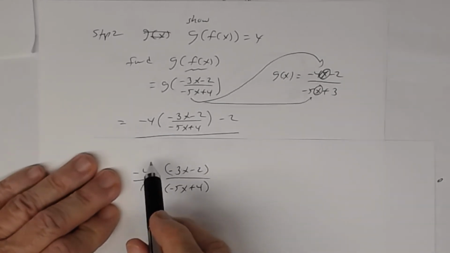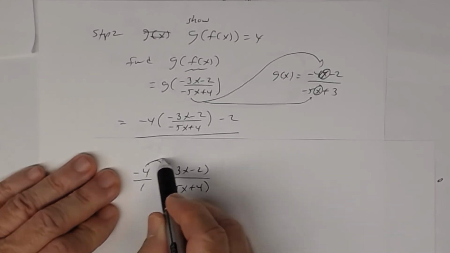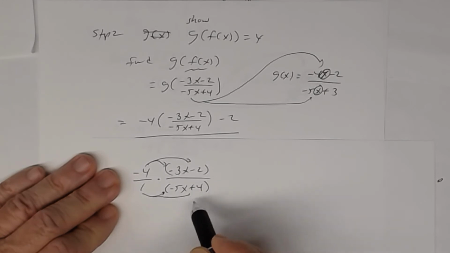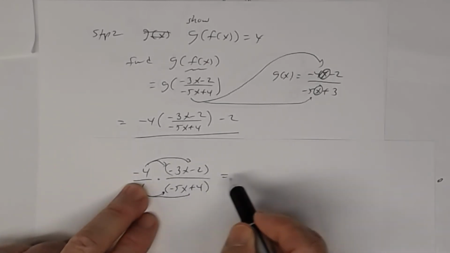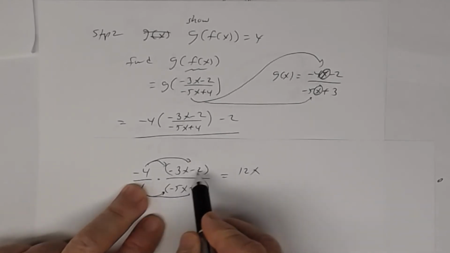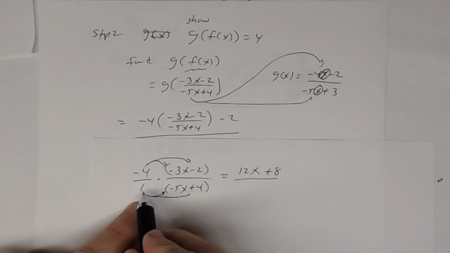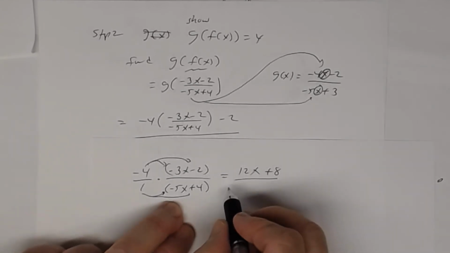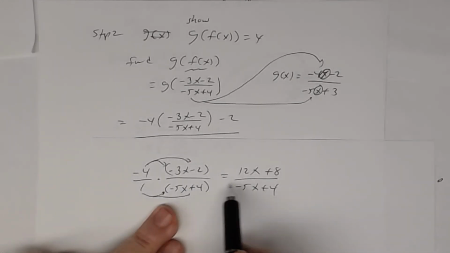You have to understand that. So to multiply these two fractions, we're going to distribute the negative 4 here and 1 here. So this becomes negative 4 times negative 3x is 12x. Negative 4 times the negative 2 is a positive 8, divided by, and then over here, 1 times negative 5x is negative 5x, and 1 times 4 is 4. So that right here is this.